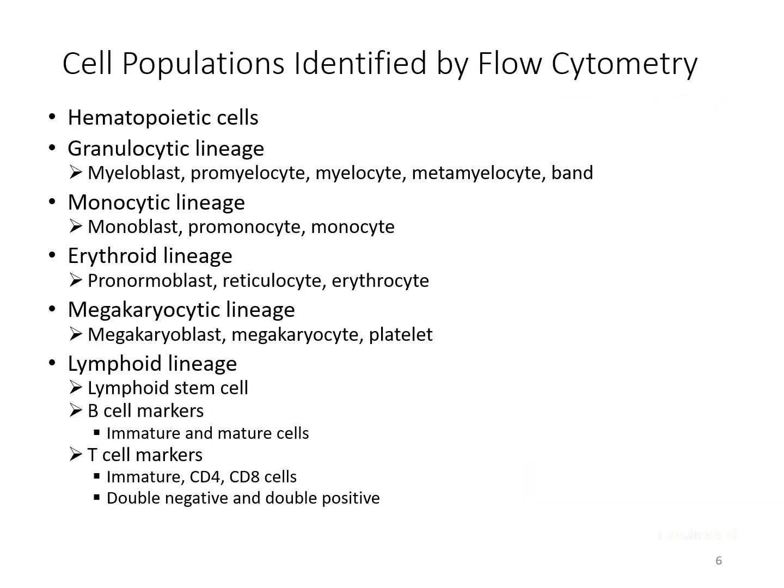In hematology, the cell populations that are identified by flow cytometry of interest to us are the hemopoietic cells. This includes your early stem cell lineages, your granulocytic lineage, which includes your myeloblast, promyelocyte, myelocyte, metamyelocyte, and bands, your monocytic lineage to include those blasts and promonocytic stages, and your monocytes, your erythroid lineage to include those early stages as well as mature.